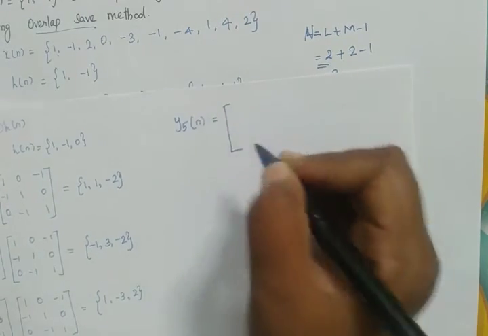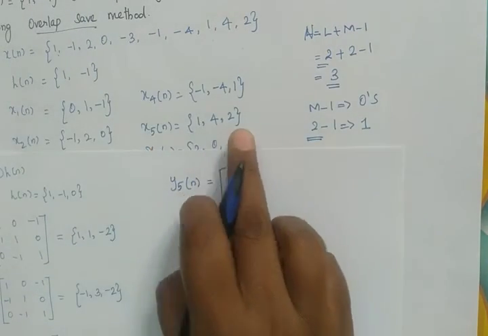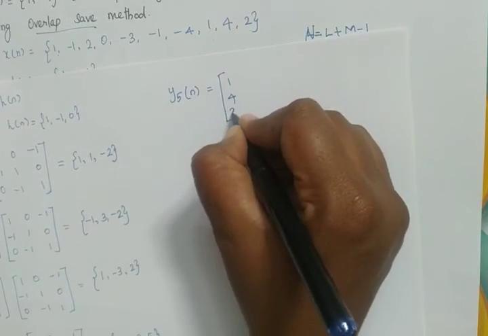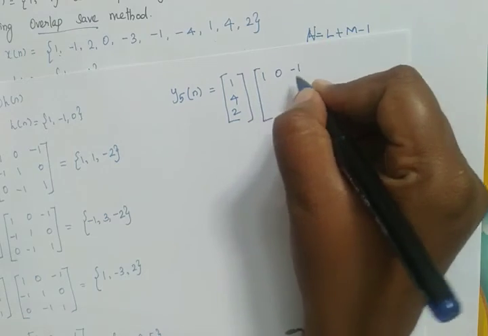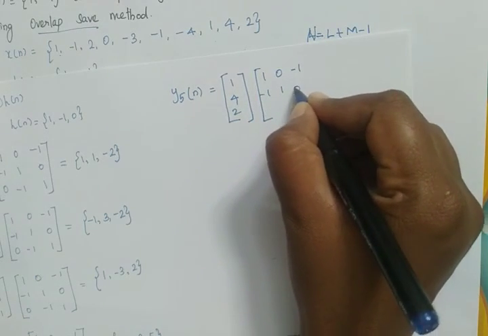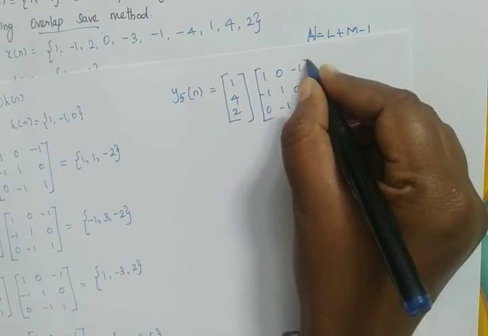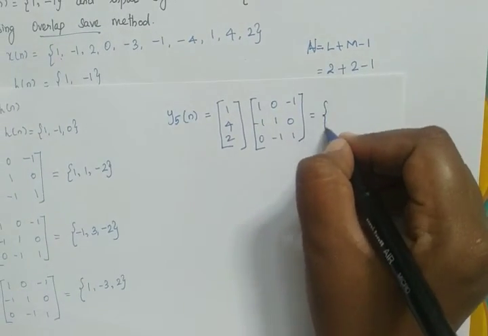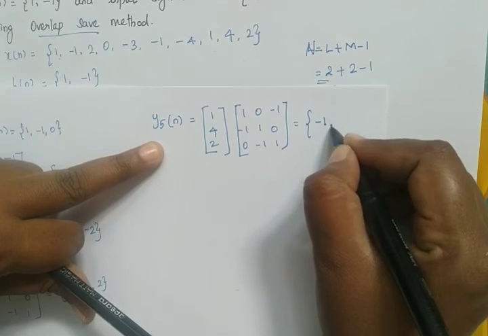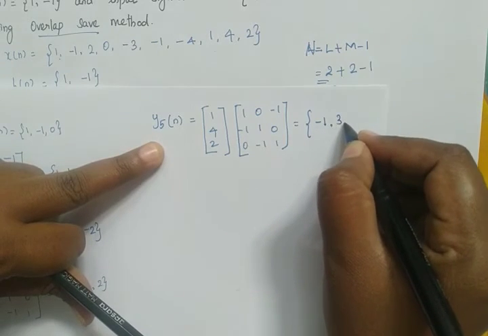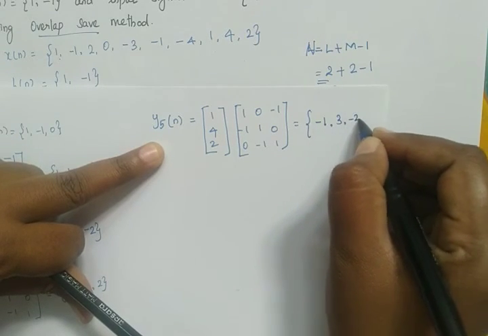Now what is y5 of n? y5 of n is equal to 1, 4, 2, multiplied by 1, 0, minus 1, minus 1, 1, 0, 0, minus 1, 1. So y5 of n is equal to minus 1, 3, minus 2.